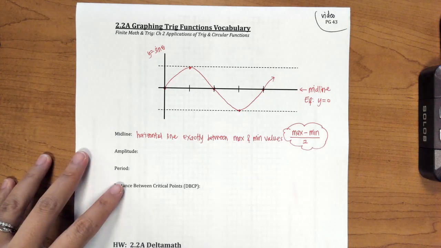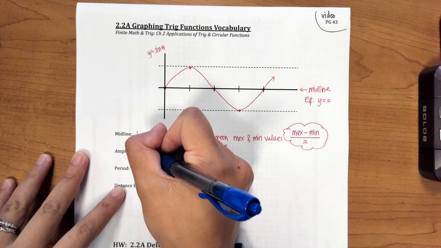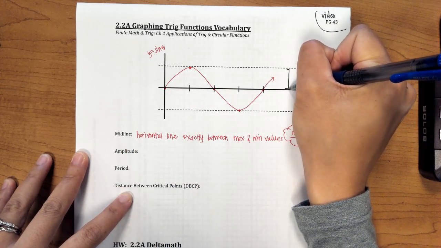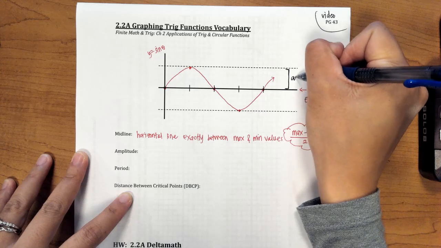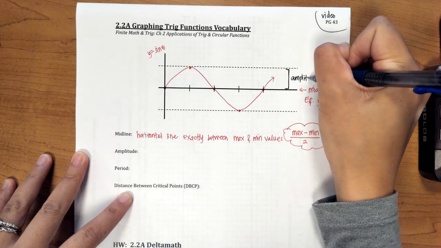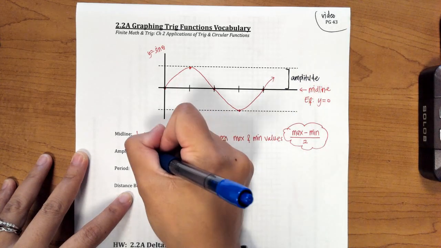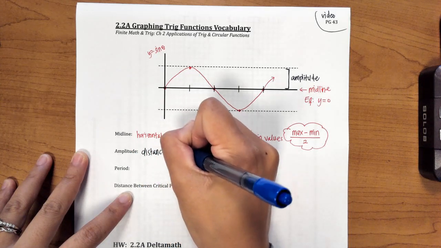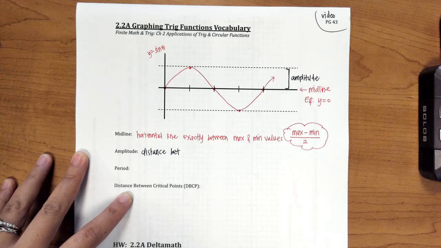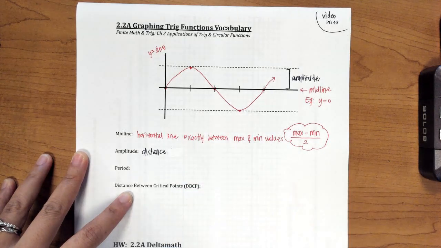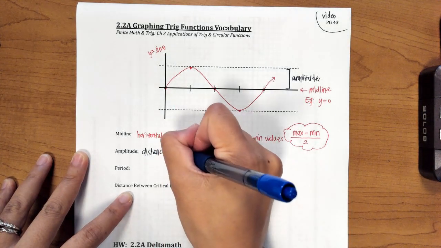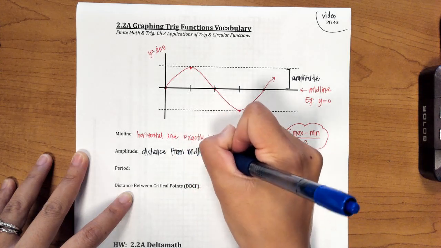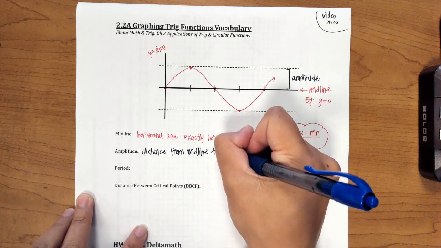The next vocab word that we need to know is amplitude. And this is the amplitude right here. A for amplitude. The amplitude is the distance from the midline to the maximum or the minimum.